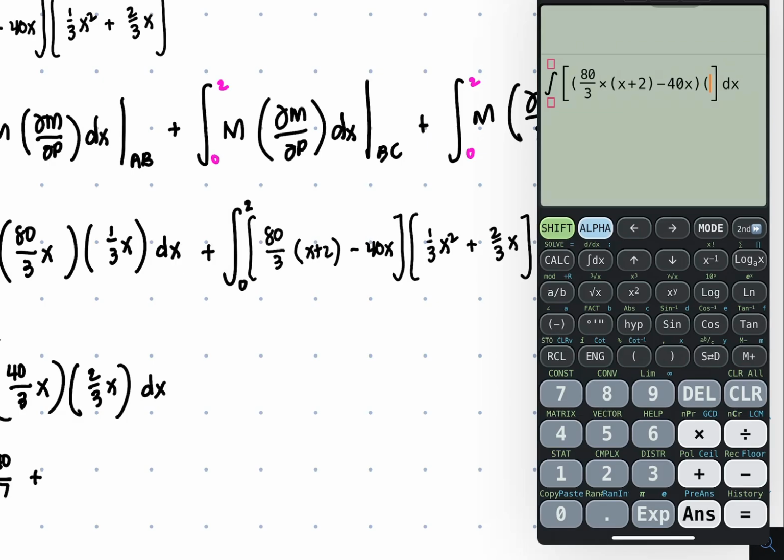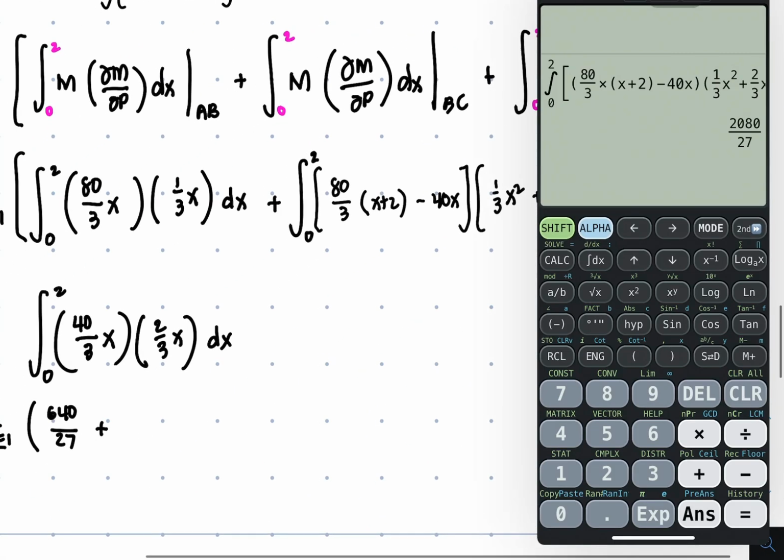And then you multiply the next term, 1/3 of x square, and then plus the 2/3 of x, and the limit is from 0 to 2.